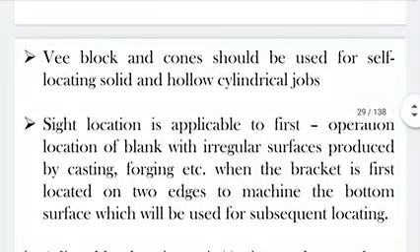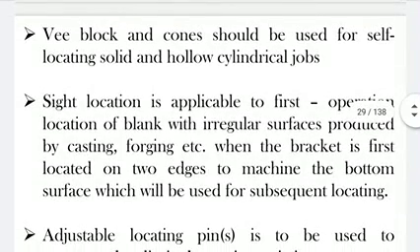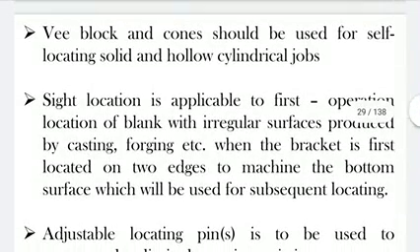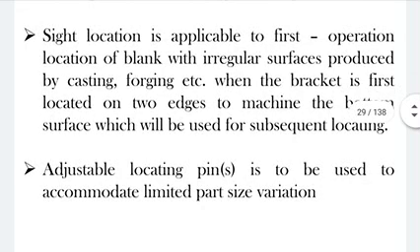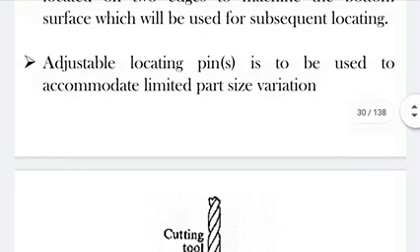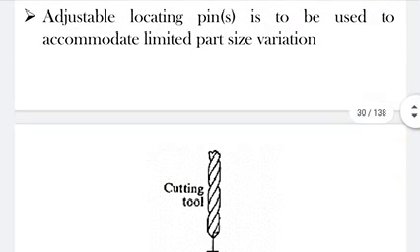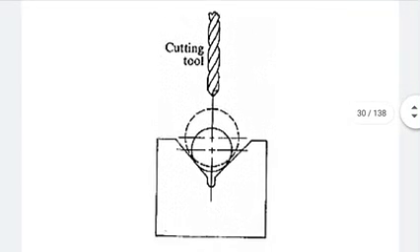V-blocks and cones should be used for self-locating solid and hollow cylindrical jobs. Site location is applicable to the first operation location of blanks with irregular surfaces produced by casting, forging, etc. When the bracket is first located onto edges to machine the bottom surface, which will be used for subsequent locating, adjustable locating pins are to be used to accommodate limited part size variation.